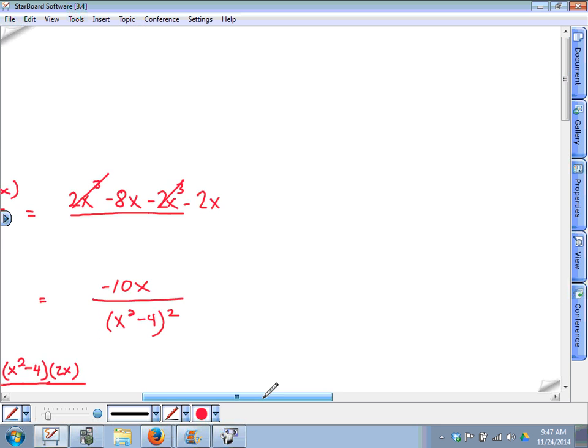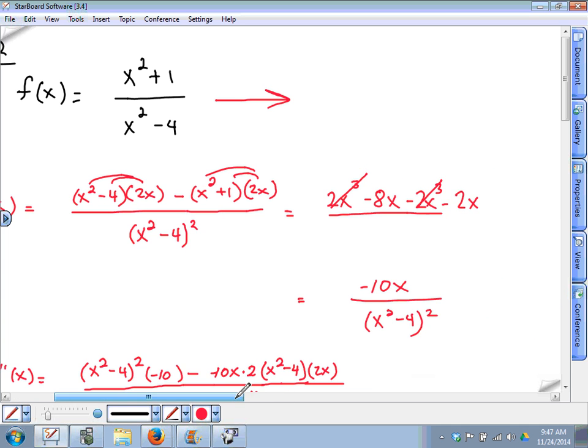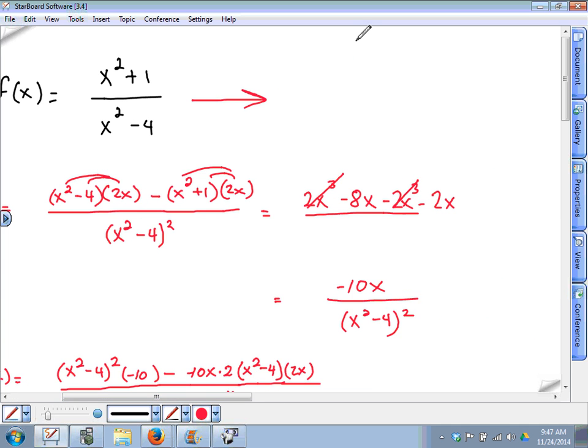Now, this is also something you guys might have to be prepared for on your homework and possibly even the exam. Okay? You might have to go back and actually show on the graph that what you've come up with is accurate. So let's just go back and graph the original function there. Okay? It's got vertical asymptotes at 2 and -2. If this were an AP test question, they'd want you to go through the whole thing.